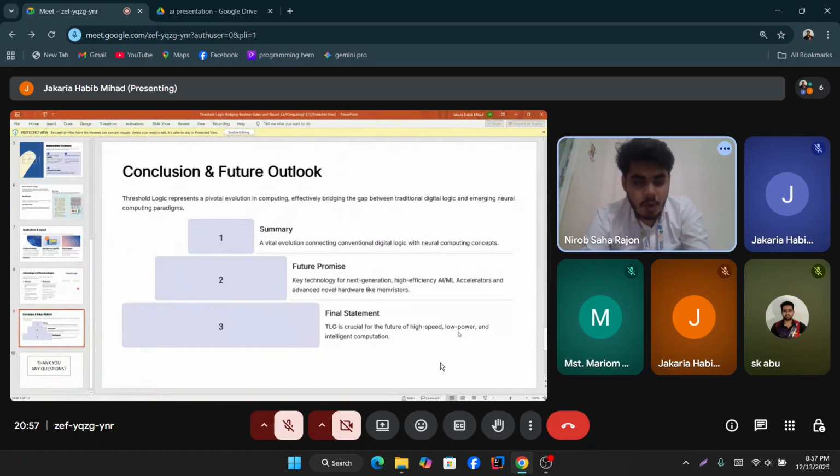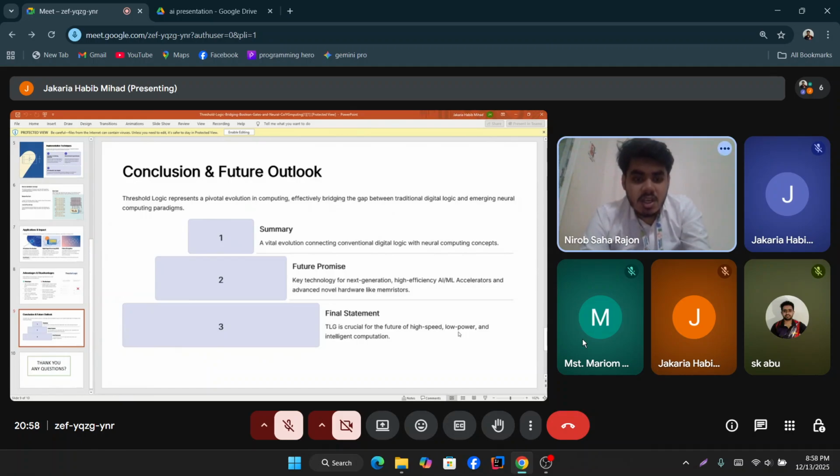Next point is conclusion and future outlook. Threshold logic represents a pivotal evolution in computing, effectively bridging the gap between traditional digital logic and emerging neural computing paradigms. Summary: a vital evolution connecting conventional digital logic with neural computing concepts.